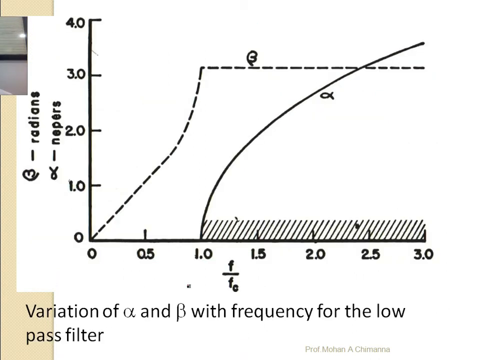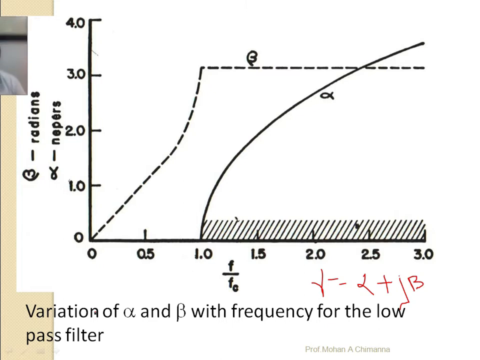Then this is the variation of phase as well as attenuation, because the propagation constant gamma is equal to alpha plus j beta, where alpha stands for attenuation and beta stands for phase.